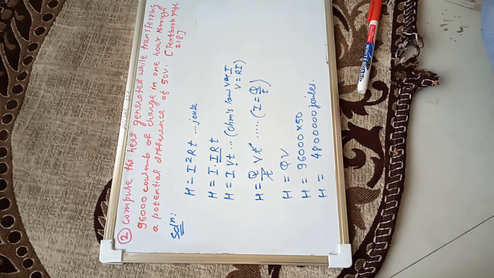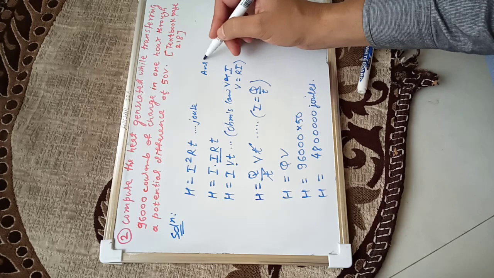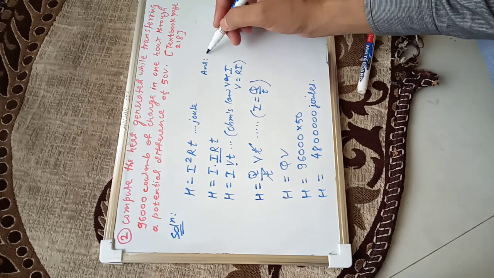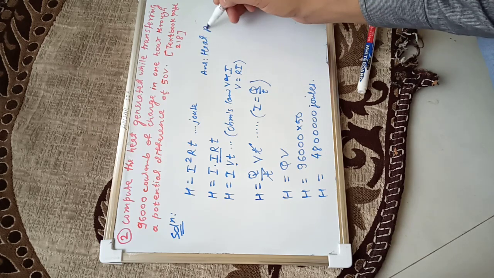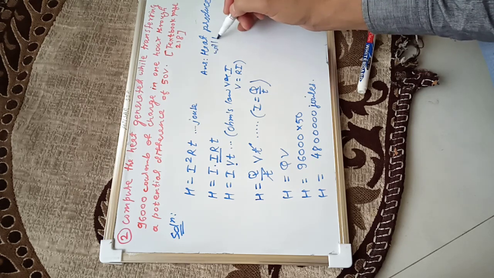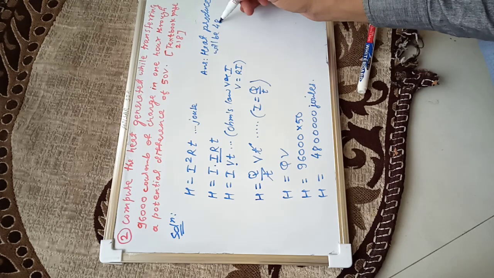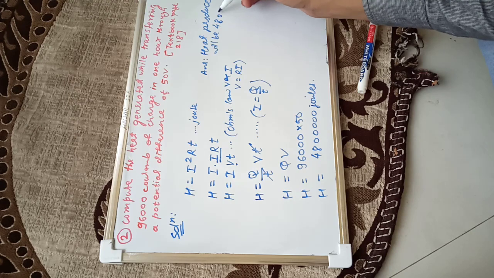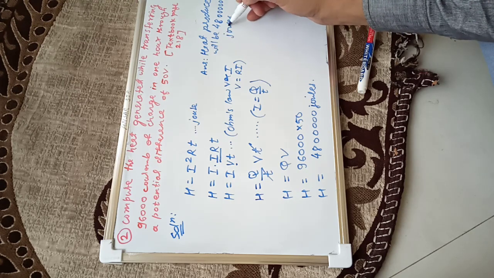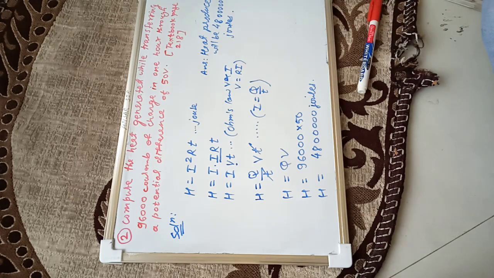And here, don't forget to write the answer in words, because sometimes they give a half mark to this step. So we will write heat produced will be 48 lakh joules.